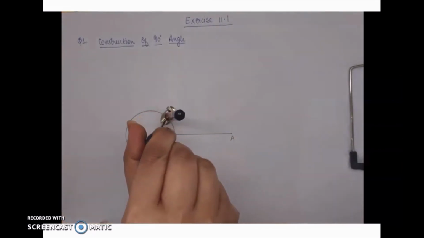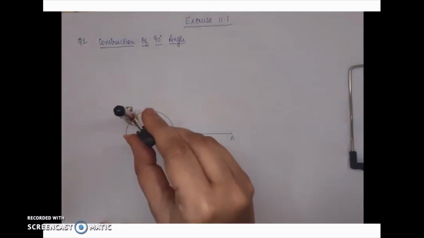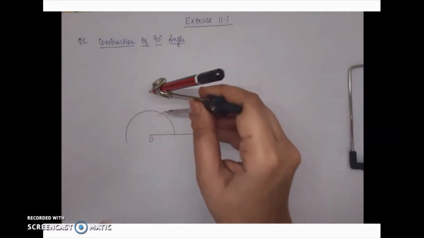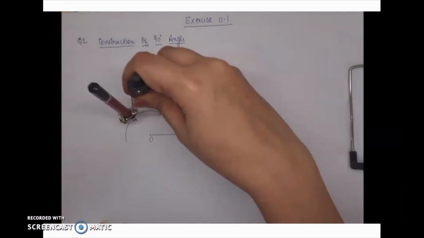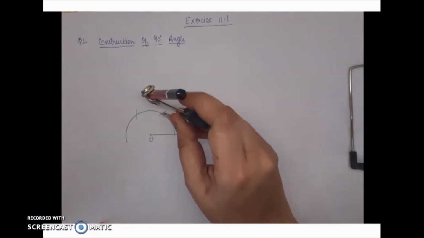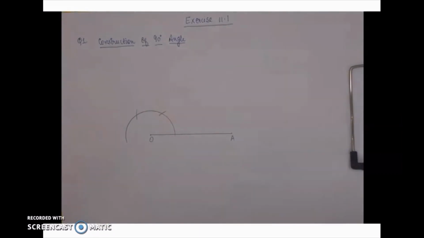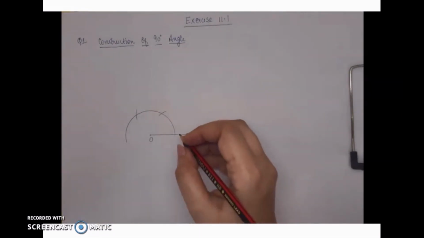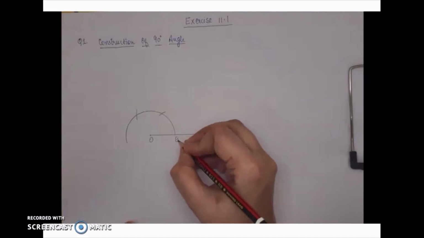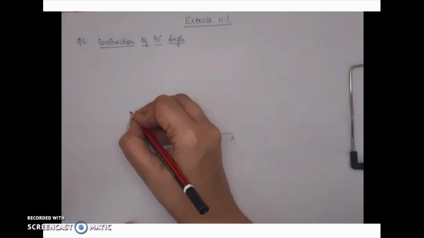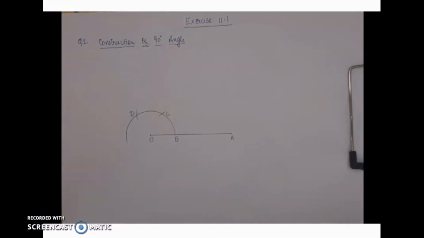Same steps will be followed. Draw a semicircle. Then be careful not to change the radius. The radius should not change. Make two arcs, one after the other. So first one is 60, second one is 120. Now if you bisect 60 and 120, you will get 90. So point of intersection I am marking as B, C and D.